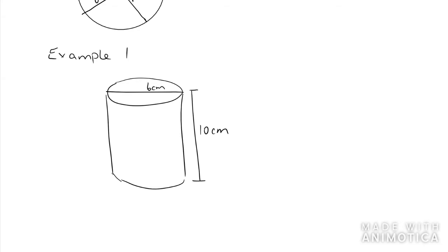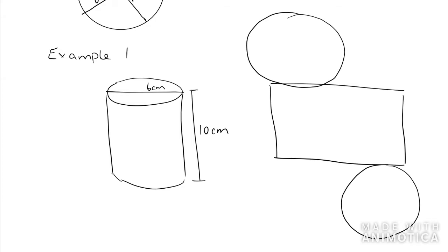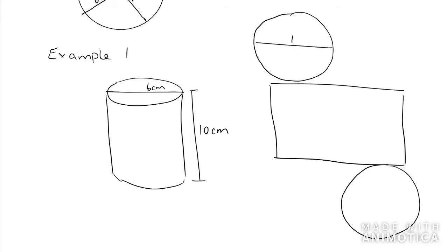So, first thing we do, as always, is draw our net. So, when we label, we know that this is 6, as is this, and we know that this height is going to be 10.